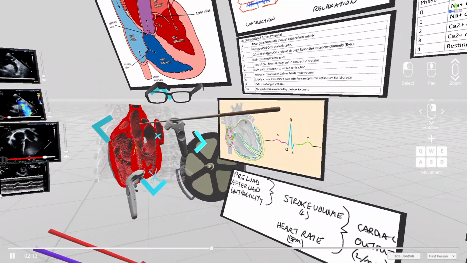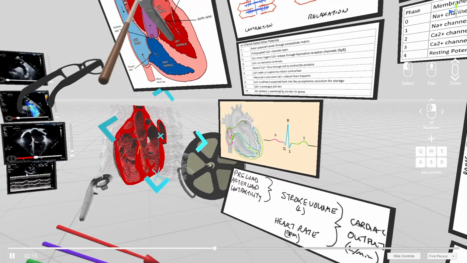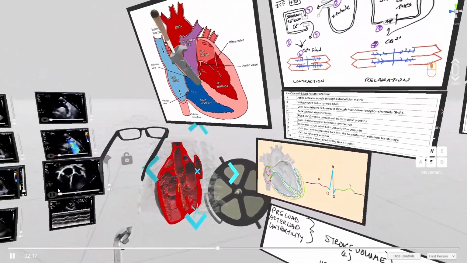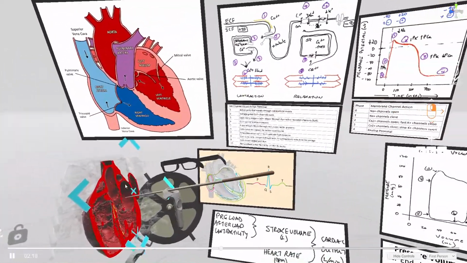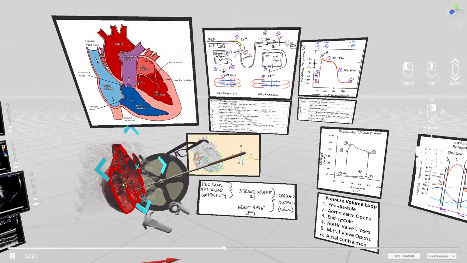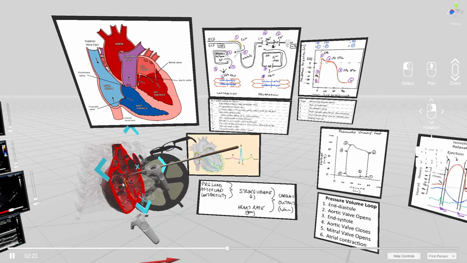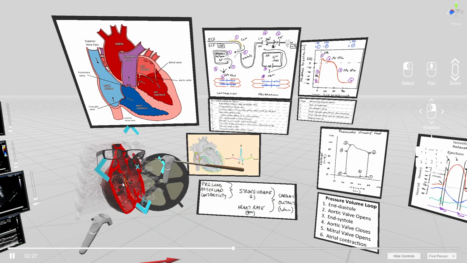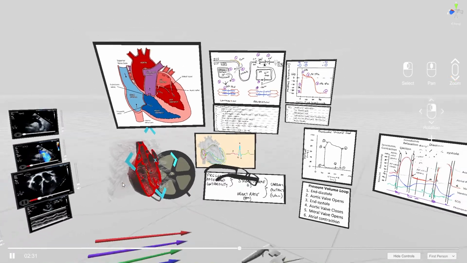Because if you're going to check blood pressure, you're going to check it on somebody's arm. That's a reflection of the pressure within the system. And so, in order for the blood to get out of the heart, it's got to overcome that. And that's what afterload is. Afterload can be physiologic, like high blood pressure, or it could be a physical obstruction as well.